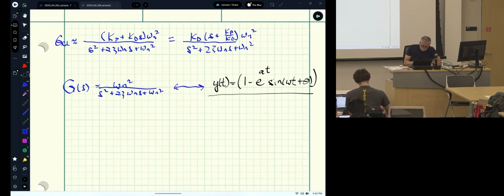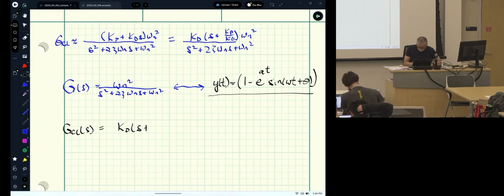Now what's the problem up here is that G closed loop with the PD controller equals a gain times, I'm going to call it S plus a 0. Remember those zeros, those things that are in the numerator? Okay.